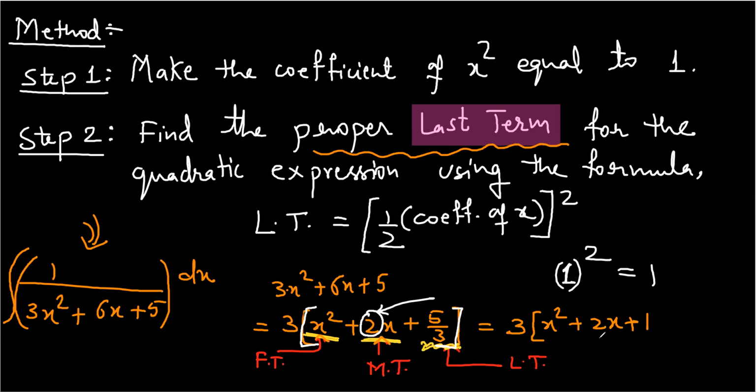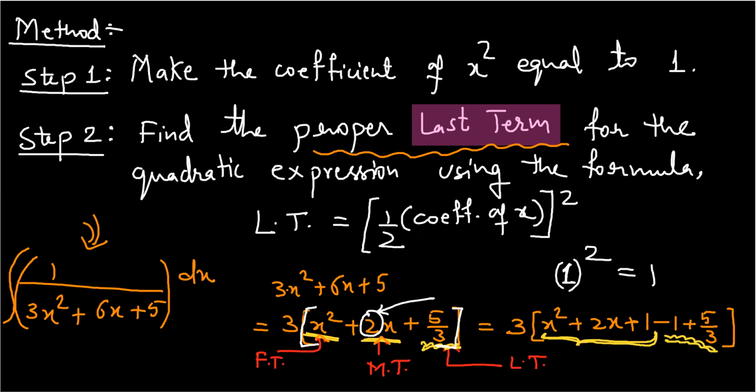Then since I have written plus 1, I need to write minus 1 because I am making a change. I wrote plus 1 from my side, so I must make a counter change. So minus 1 and plus 5 by 3. Now what happens, students? These 3 terms will get me the perfect square, and for the rest I shall simplify in the later steps.